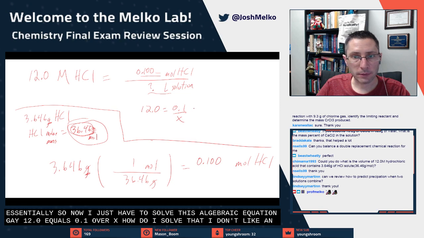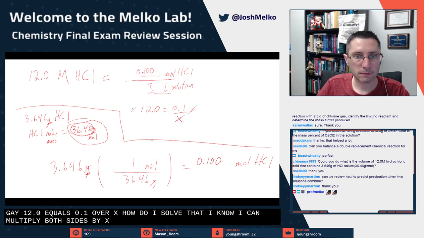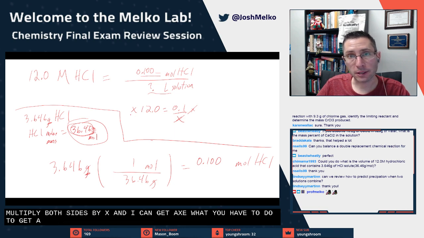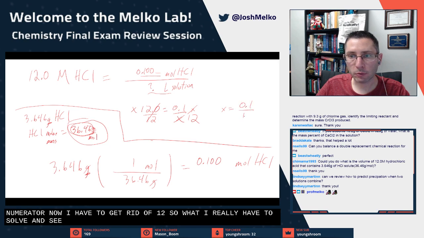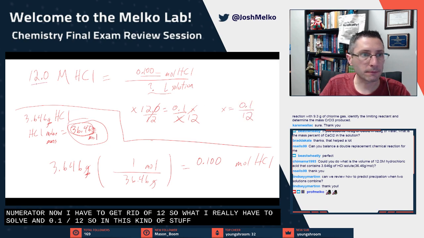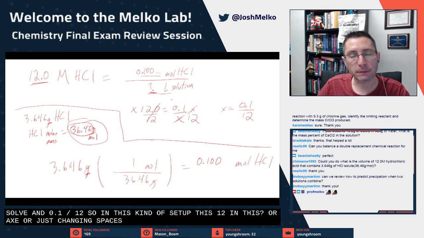Well, I can multiply both sides by x. What you have to do is get x in the numerator by itself. So I've moved it to the numerator. Now I have to get rid of 12. So what I really have to solve is 0.1 divided by 12. So in this kind of setup, this 12 and this question mark or x are just changing places, right? So x is 0.1 over 12.